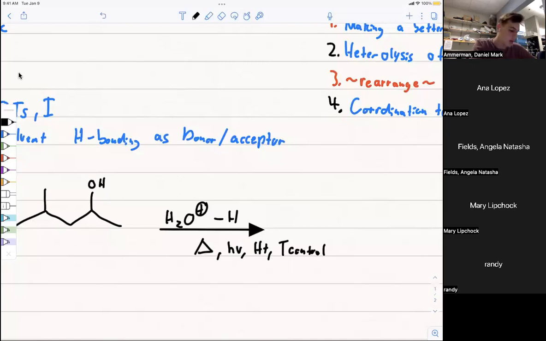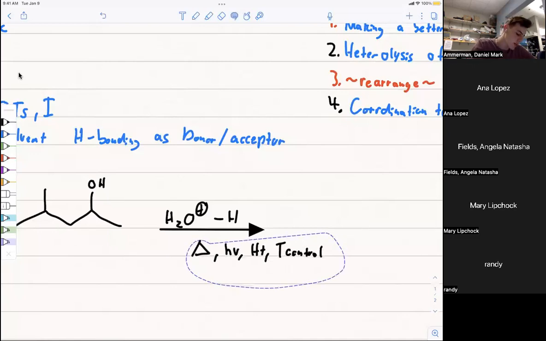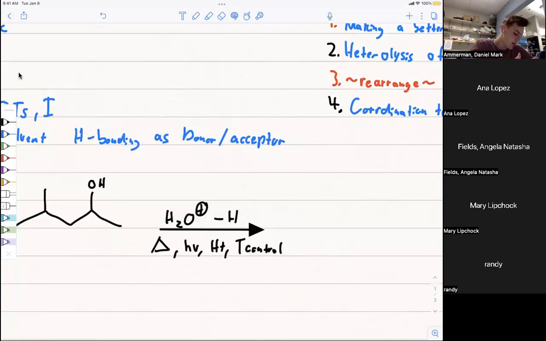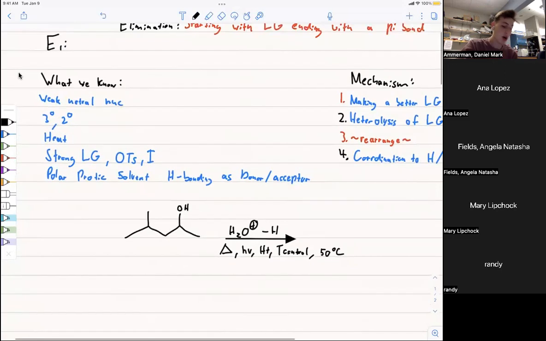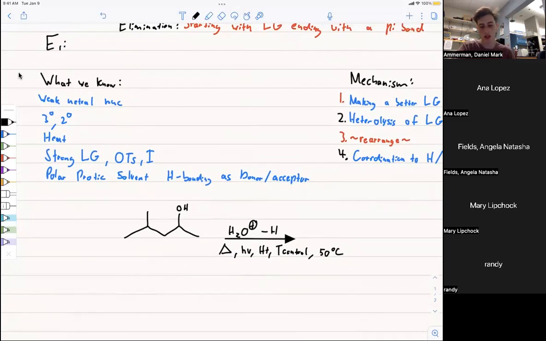All these are possibilities. Probably you're just going to see either delta, which is your most common, or you could see like 50 degrees Celsius. That's also going to indicate heat. Any of those, just know, all right, we're doing heat. We have heat, so we're doing elimination. Almost always, as soon as you see heat, just start thinking in your head, are we doing elimination?